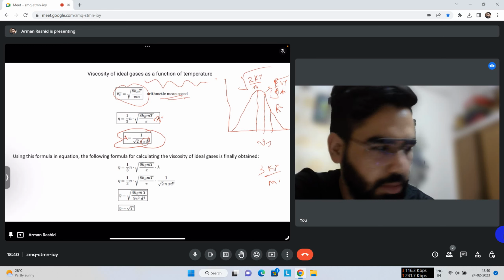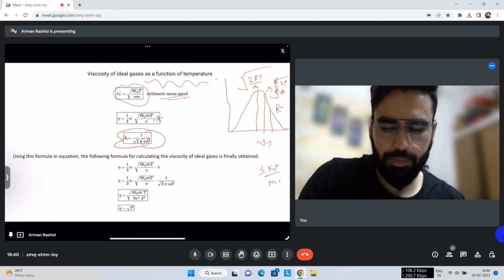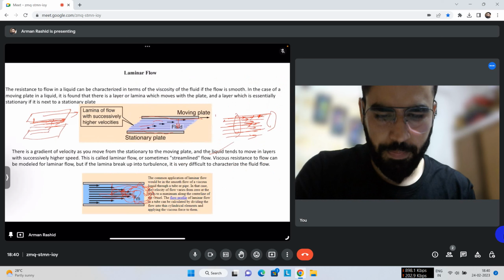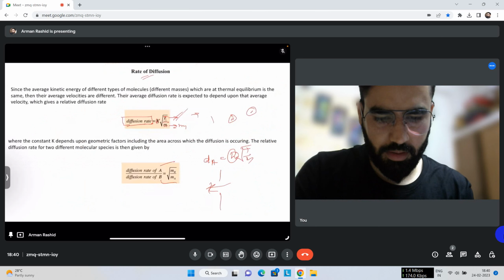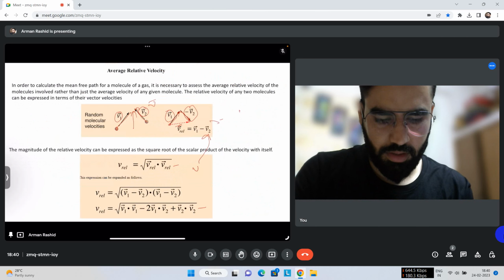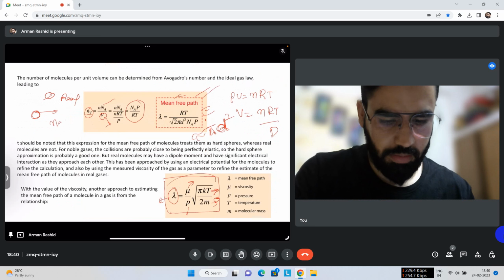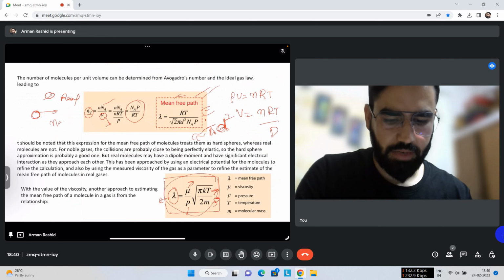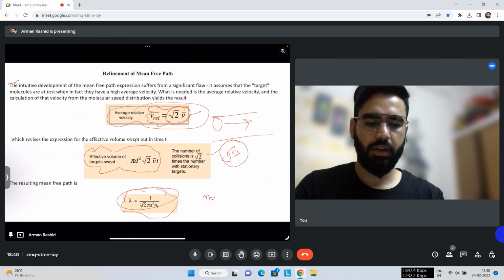This lambda is the mean free path. This is the mean free path equation that we have defined.